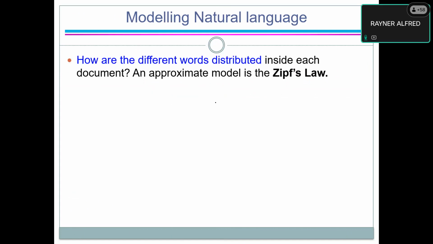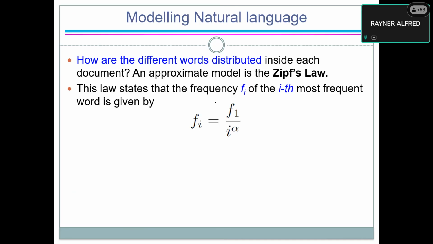Okay. So in trying to tokenize the words in the document, we may have some terms that exist more frequently compared to the others. So we have this Zipf's law that says that f1 will be your most frequent term, and then i refers to the second or the third or the rest of the words that we have.